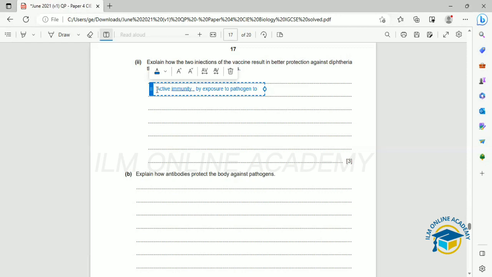Because the vaccine contains the dead pathogen, your body has been exposed to the pathogen. The exposure to the pathogen triggers the immune system to produce antibodies against that pathogen.